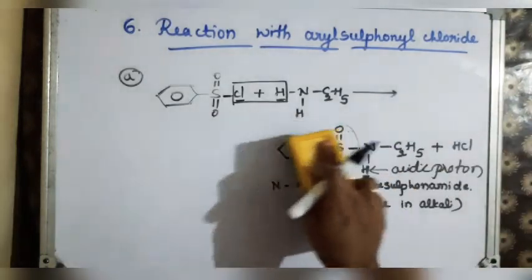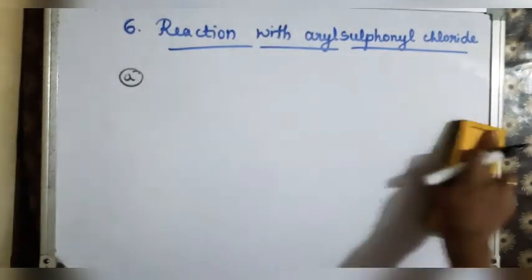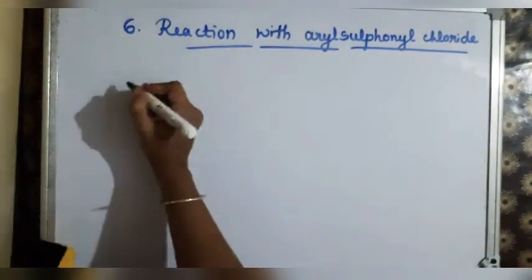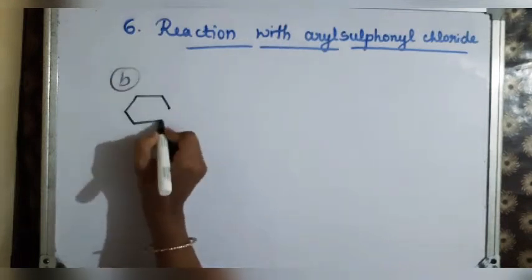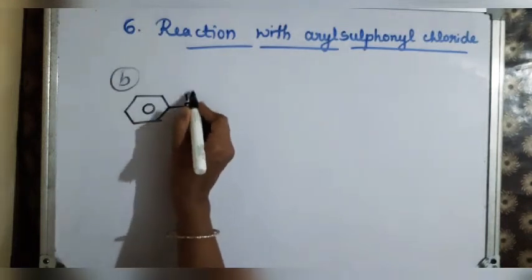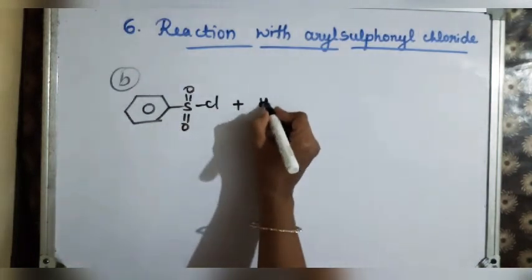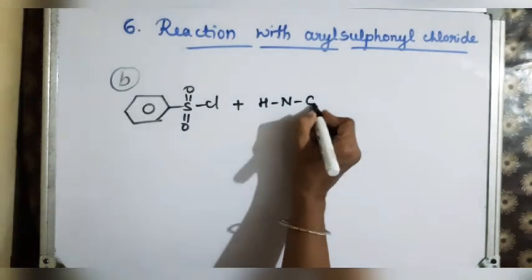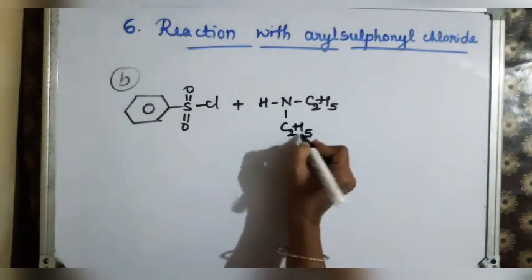If I take an example of secondary amine, what happens? The reagent remains the same, that is benzene sulfonyl chloride. So if I take benzene sulfonyl chloride, when it is treated with N-ethyl ethanamine, diethylamine, this is secondary amine.